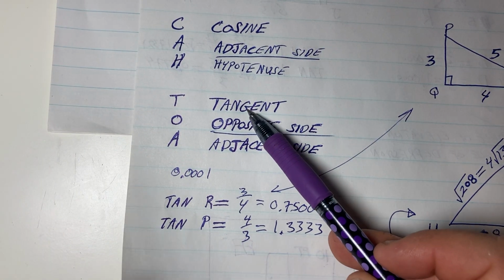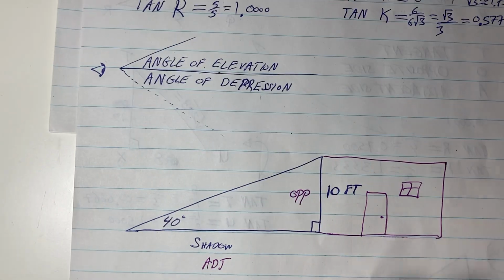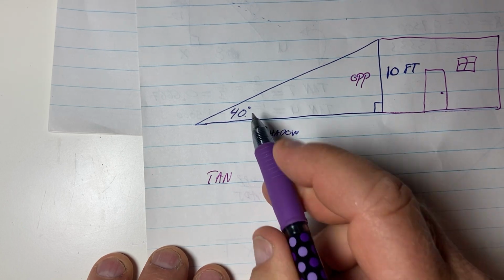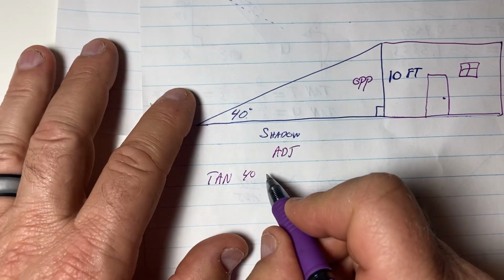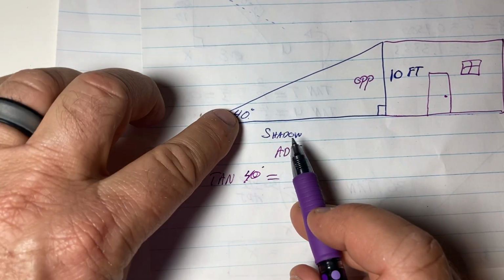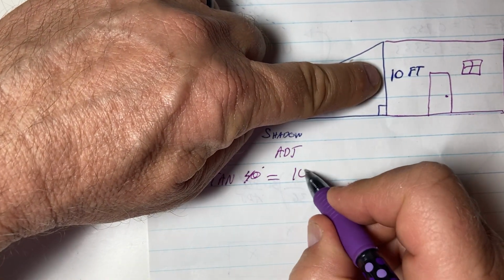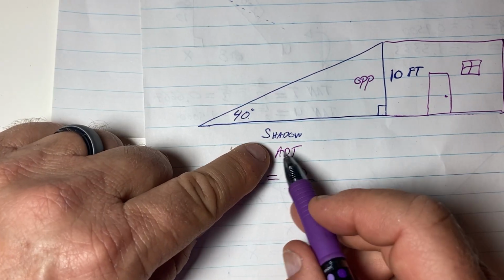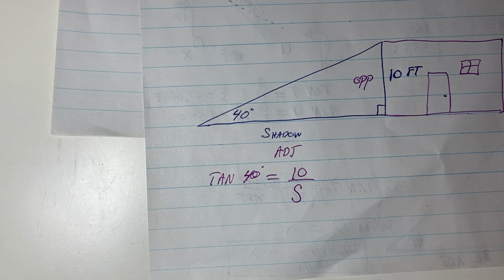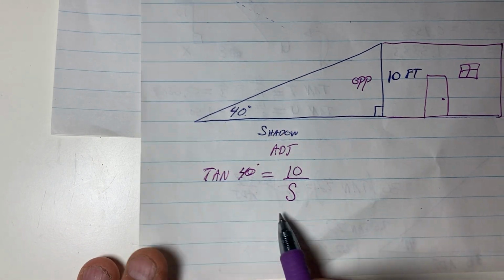It's tangent, opposite divided by adjacent. So tangent of 40 degrees equals the opposite side divided by the adjacent side. I'll use S for shadow. Okay, there we go. Now that's an equation.